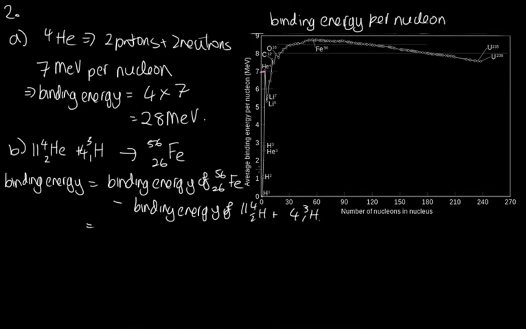And so this is equal to, now for iron-56, we can read it off here. If we bring a straight line around along there, that is around about 8.75.